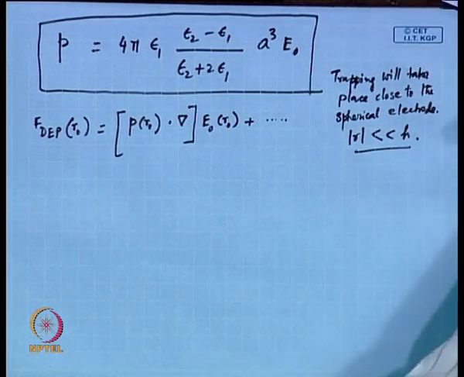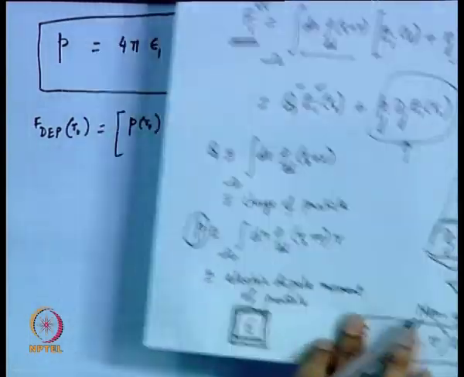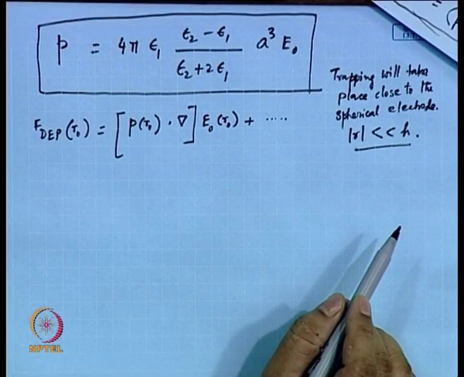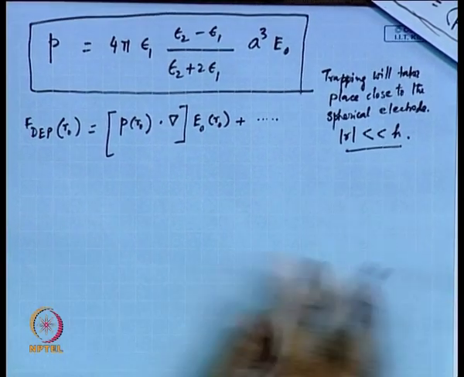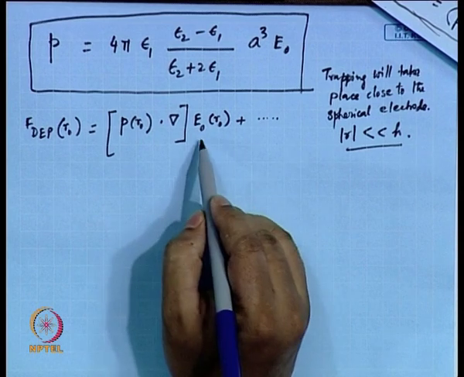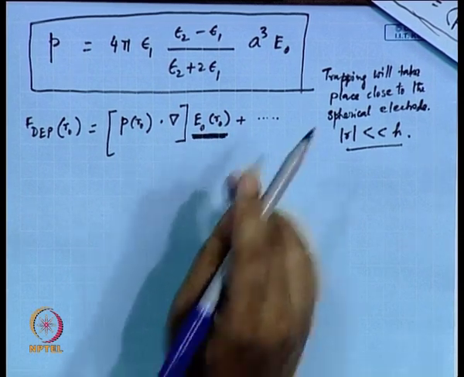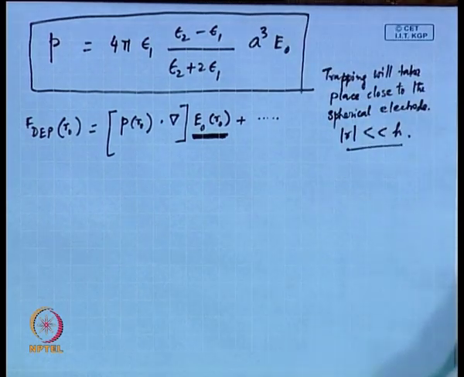Basically, for this F DEP at R0 there should be some other higher order terms, because what you are doing here is writing this as E0 at R0, where this E0 is with reference to the unperturbed electric field.